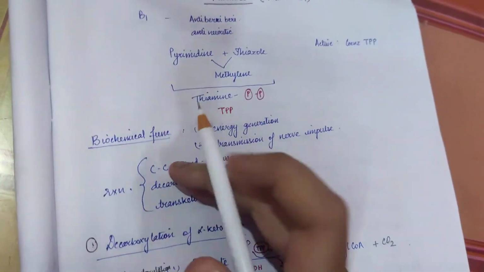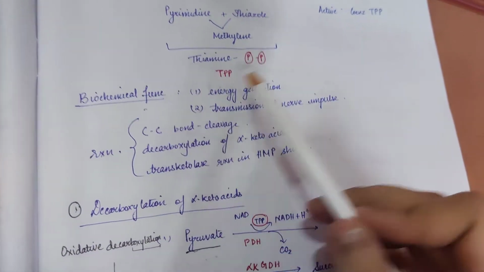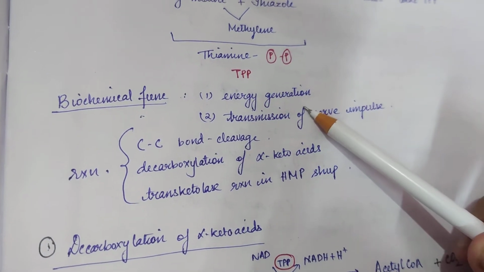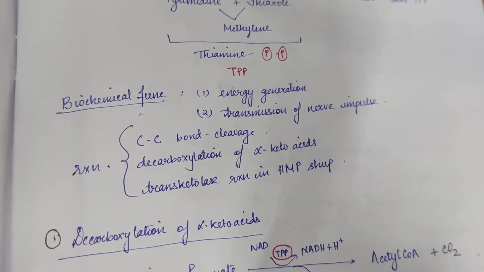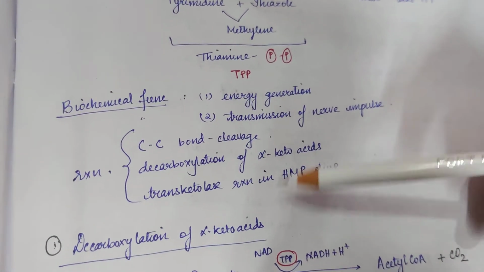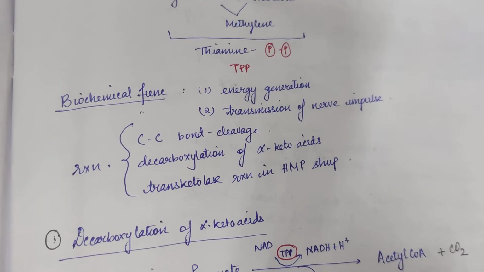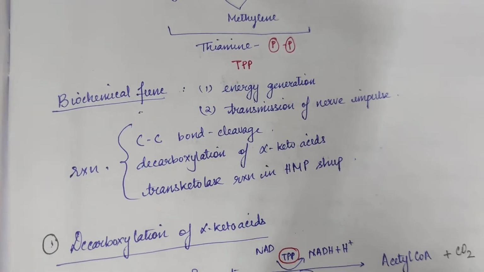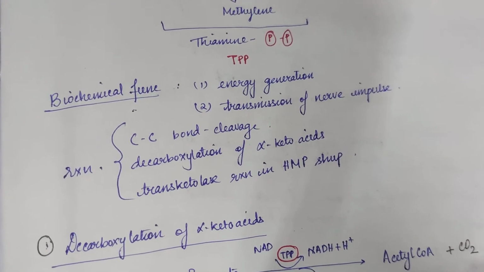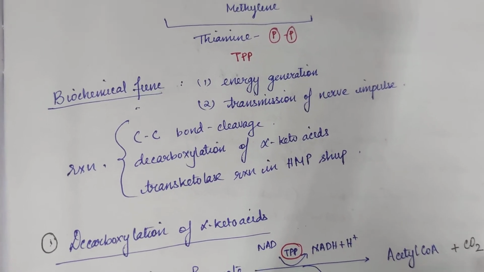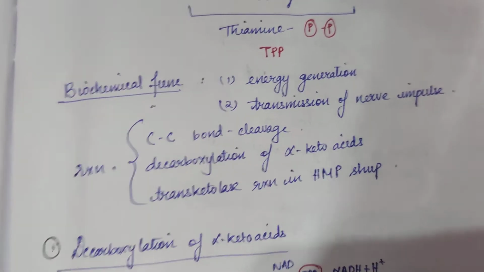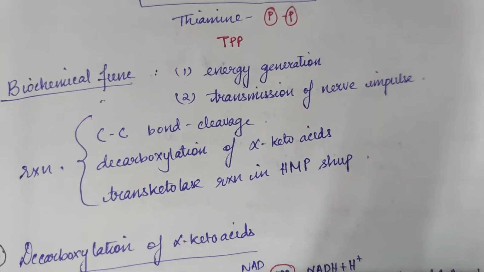Now we come to the biochemical function. Actually, it helps in energy generation. How? First of all, TPP is used in the process that converts pyruvate to acetyl coenzyme A, which ultimately enters the Krebs cycle to generate ATP. Also, it has a function in generating NADH, which also produces ATP through the electron transport chain.